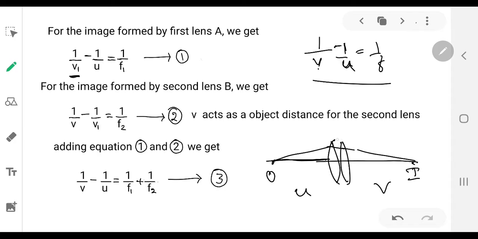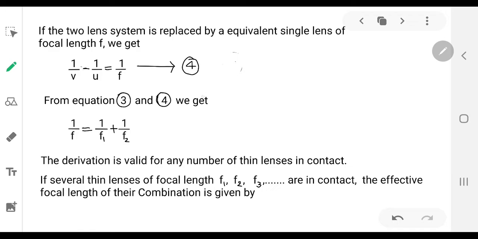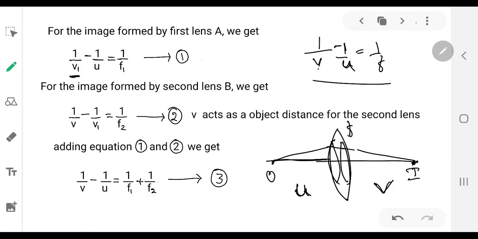If the system of two lenses is replaced by only a single lens which is having a focal length f, for which you place the object at u and it produces the image at v, then for that lens, for the object distance u and image distance v, we can write the thin lens formula as 1/v minus 1/u is equal to 1/f. Now compare this equation 3 and 4.